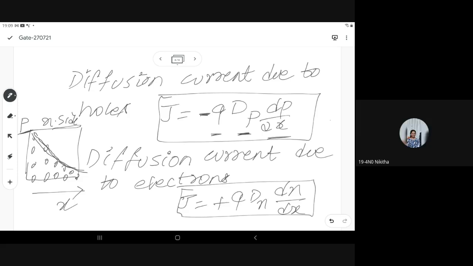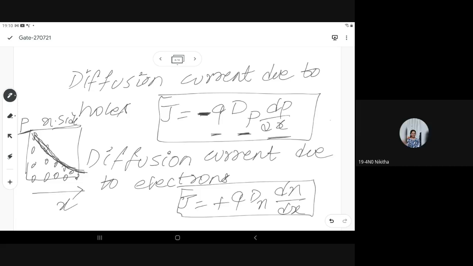Yes, sir. So as the holes concentration decreases with respect to increase in distance x, we write a minus sign here. Why? Because the current that flows is also decreasing, since the holes concentration decreases.